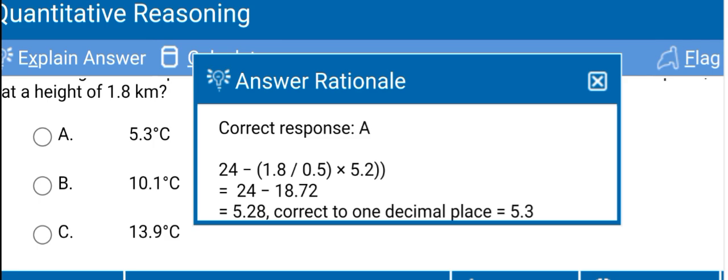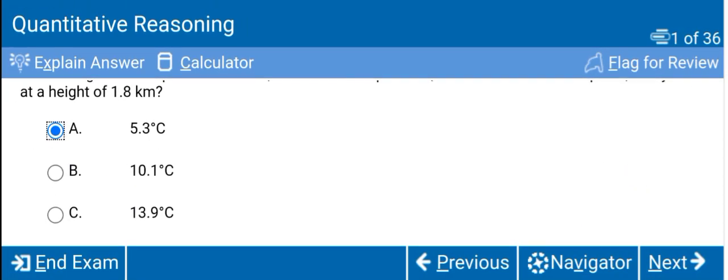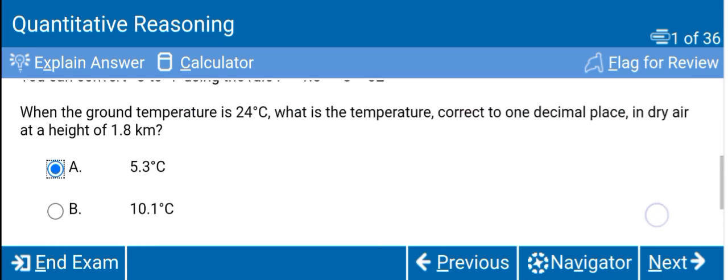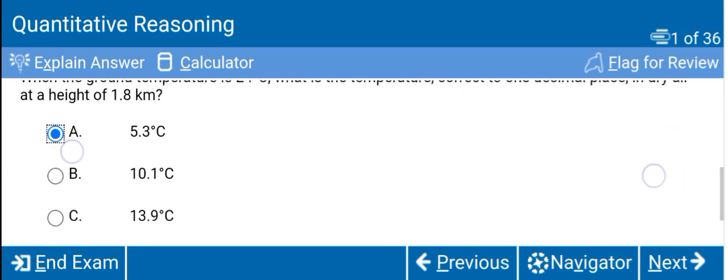Correct to 1 decimal place equals 5.3. So here we have a correct option is option A, which is 5.3 degree centigrades. This is the temperature that is correct to 1 decimal in dry air at a height of 1.8 kilometers.